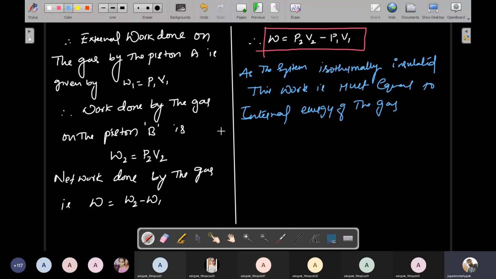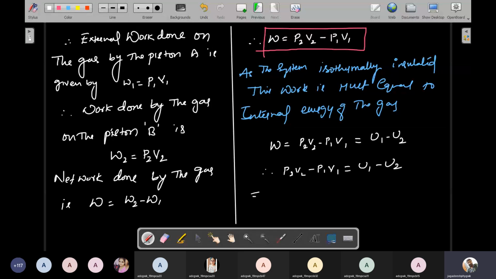So therefore the total work done W is equal to P2 V2 minus P1 V1, and this is equal to the internal energy U1 minus U2. Because the internal energy U1 is the energy before, and after performing the porous plug experiment, this is the internal energy U2. So finally, we will get P2 V2 minus P1 V1 is equal to U1 minus U2.